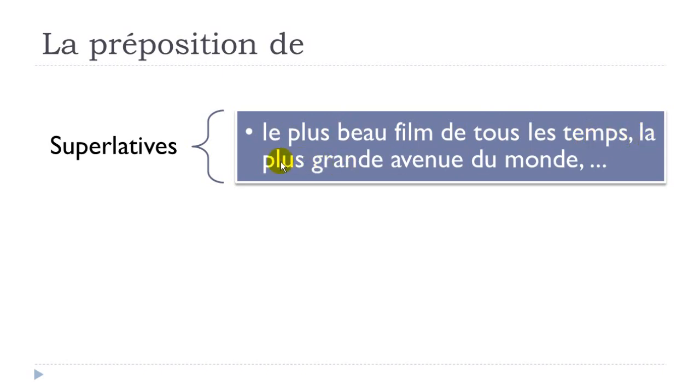Okay, and then la plus grande, big, avenue du monde. And in that case, you can see that you combine this de and the article le monde, the world. De le becomes du, so du monde, of the world. La plus grande avenue du monde. So for all these superlative constructions, remember you will have to use this préposition de. De tous les temps, du monde.